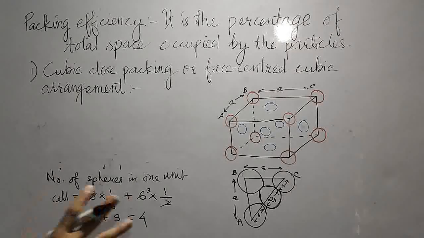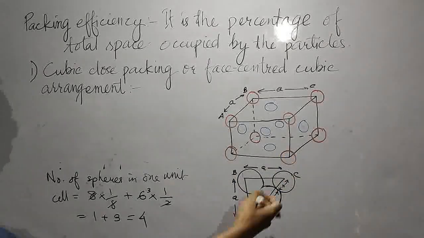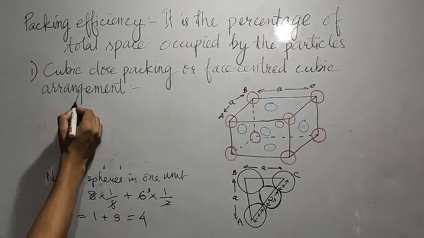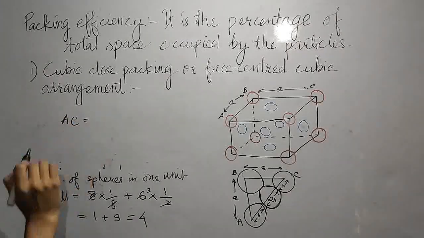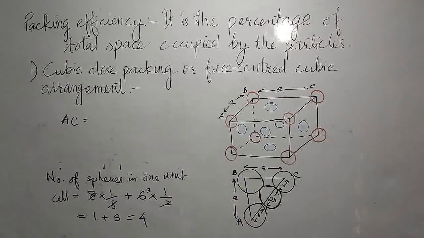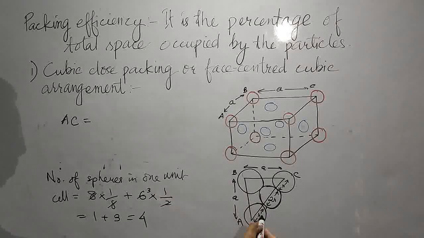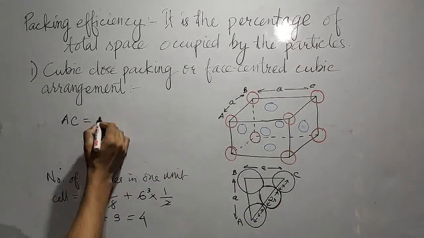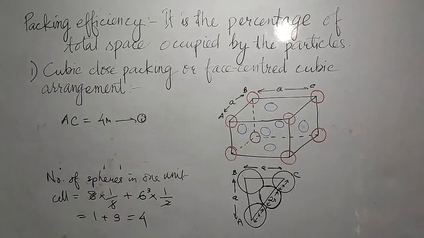In this case, the nearest distance between any two atoms will be along the diagonal of the faces, that is AC. So we have to know the value of AC. In terms of the radius, AC is r plus r, 2r, 2r plus 2r, which is 4r. Take this as equation 1.